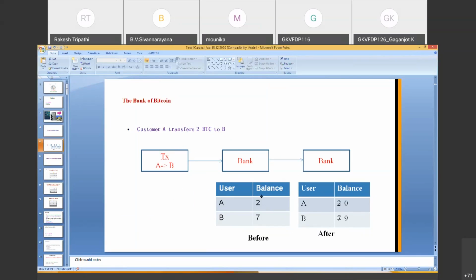This ledger is with the bank. And the bank is the one who actually verifies your transaction, whether A actually has 2 Bitcoin, or 2 rupees or $2, whatever you feel like, to be transferred to B. So your bank is the one taking care of this validity verification that sufficient balance is there in A's account, and it is maintaining the ledger.